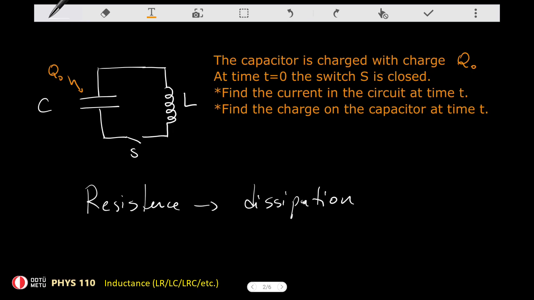One of the important things to keep in mind is that there's an initial energy on the capacitor, of course. That energy is going to remain in the circuit. At later times, this energy will be shared between these two devices.